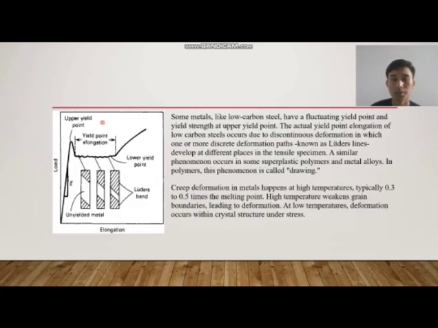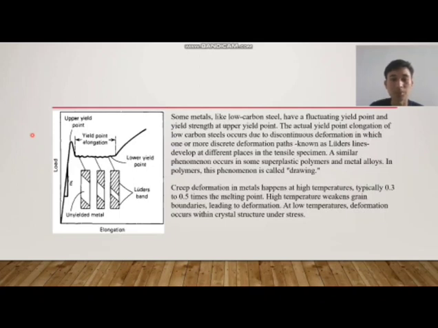Next, some metals like low carbon steel have a fluctuating yield point, and yield strength is taken at either yield point. The actual yield point elongation of low carbon steels occurs due to discontinuous deformation in which one or more discrete deformation bands, known as Lüders lines, develop at different places in the tensile specimen.